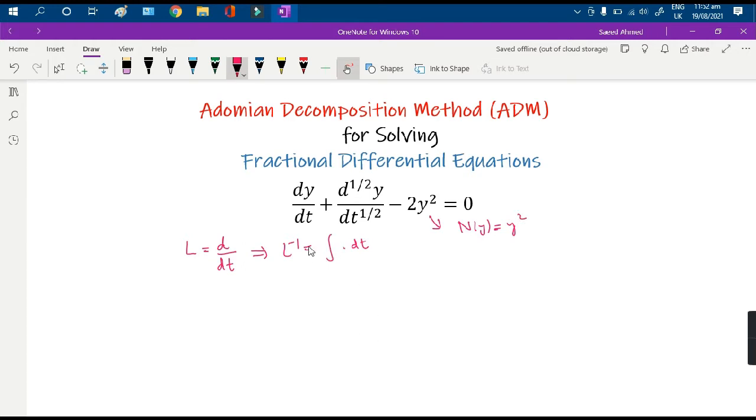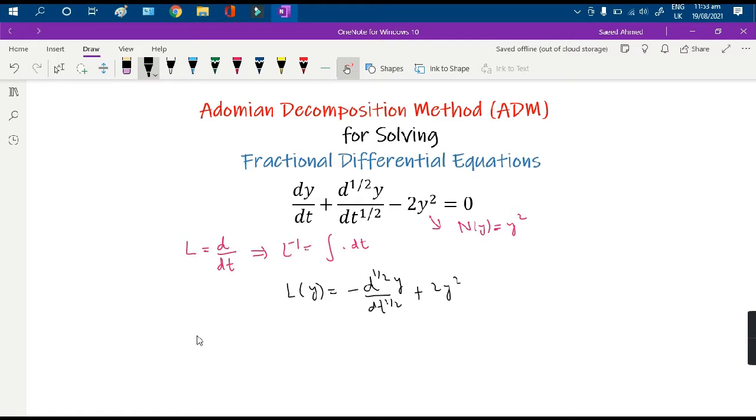Under this notation, this differential equation can be written as L of y, and I am shifting the other two terms to the right, so it becomes minus d^(1/2)/dt^(1/2) of y, and then 2y². Now I need to apply the L inverse operator, which is an integral operator, on this equation.